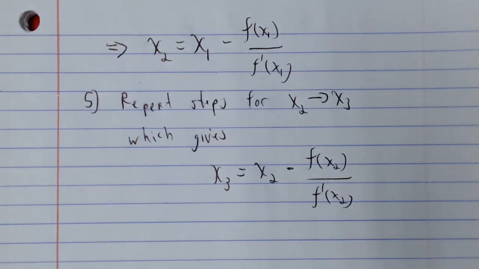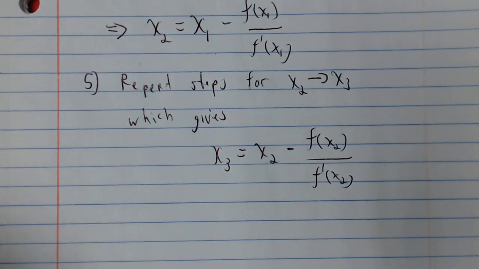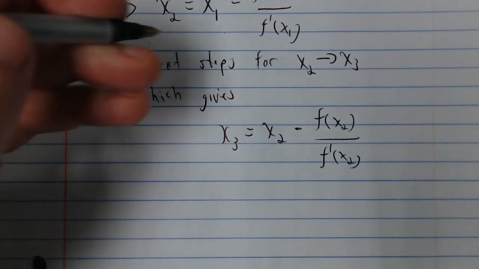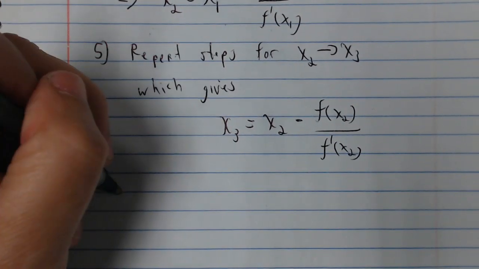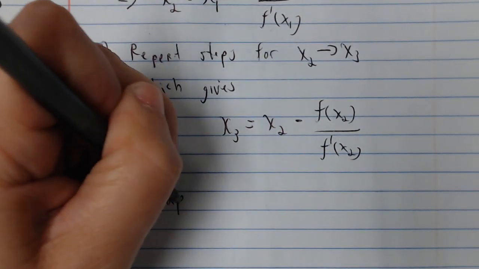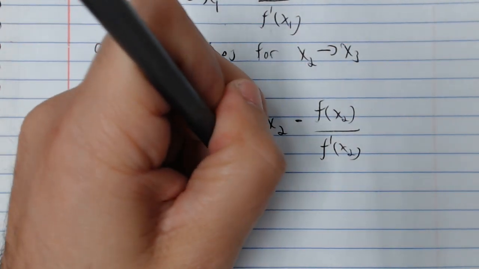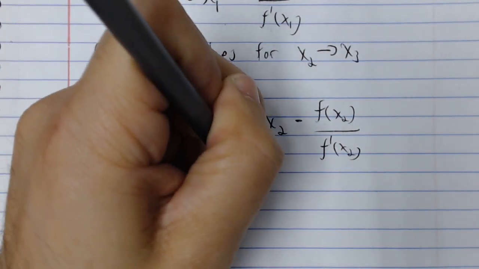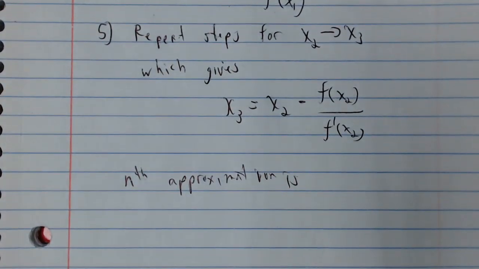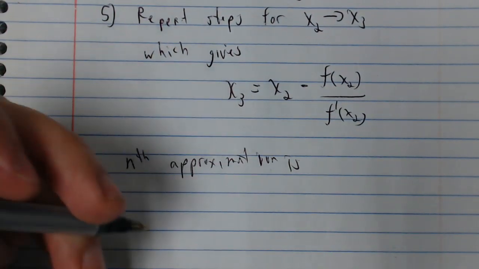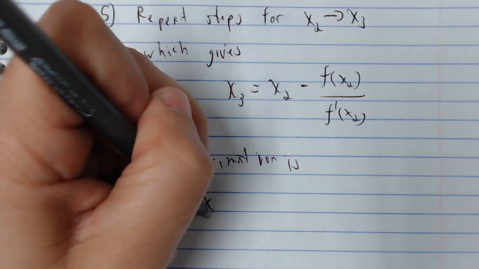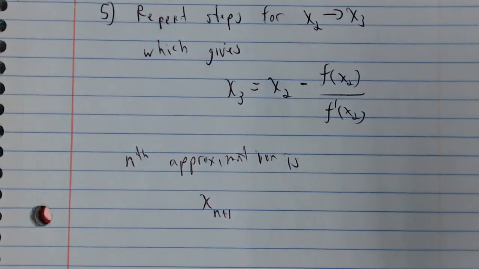Okay, so if I do this n times, so now let's kind of generalize this. The nth approximation, if I'm going to do this n times, it'll be what? X sub n plus 1, right?